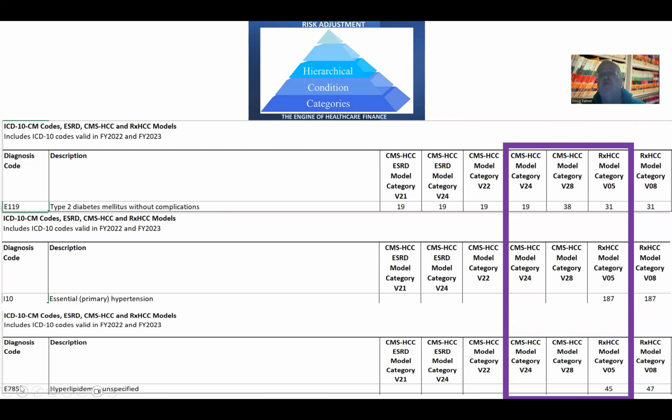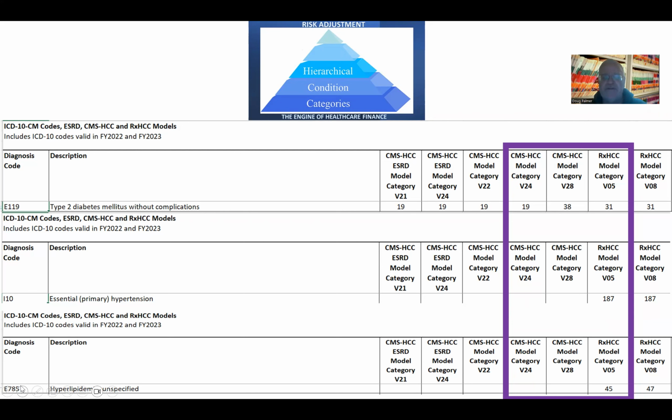You'll see right now we are transitioning from version 24 to version 28, V24 to V28. So in both, it risk adjusts. Hypertension does not risk adjust under an HCC, but it does under an RxHCC. And hyperlipidemia does not risk adjust under an HCC, but it does under an RxHCC.